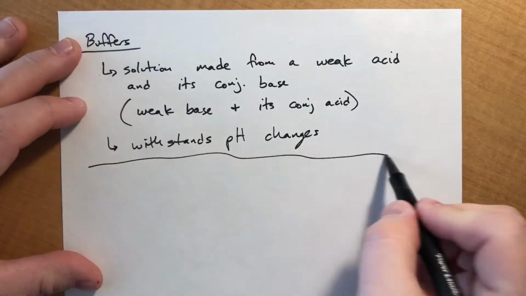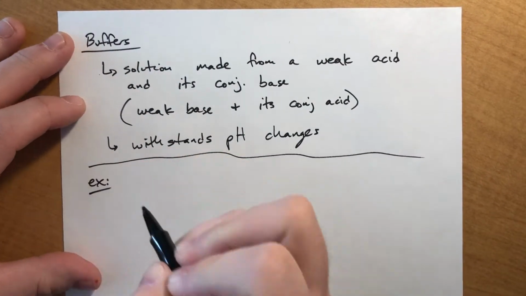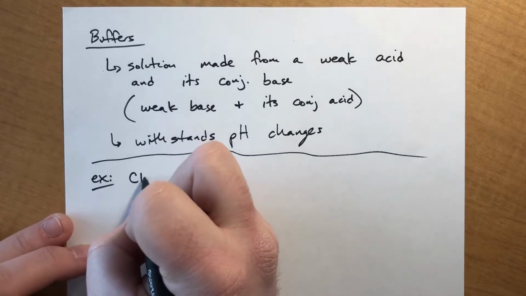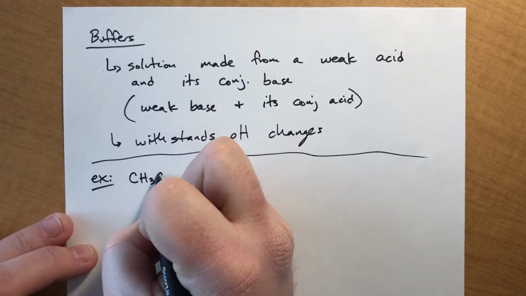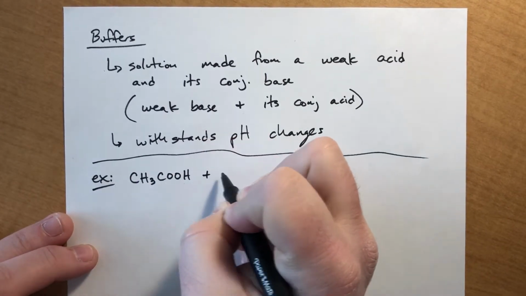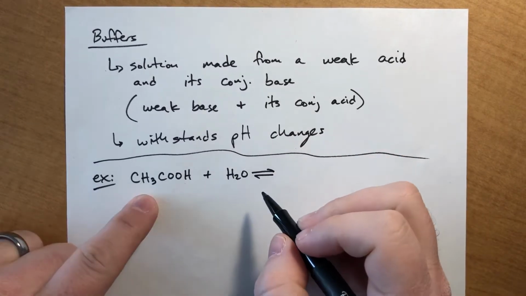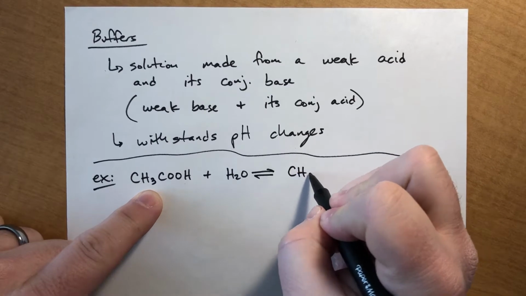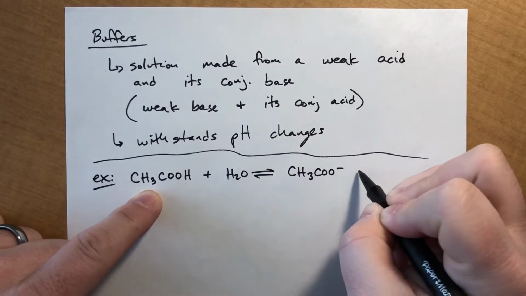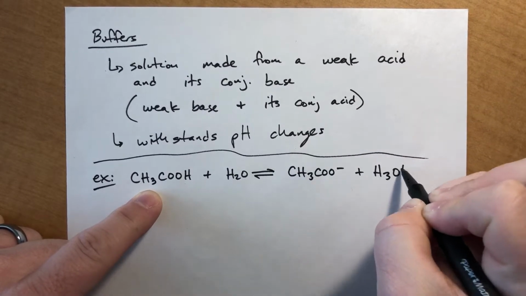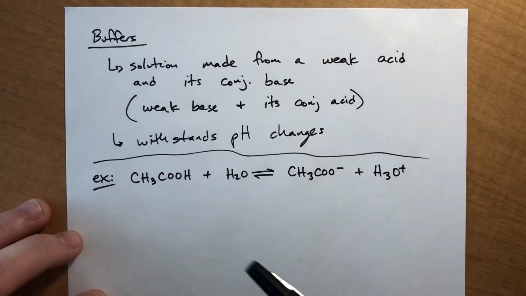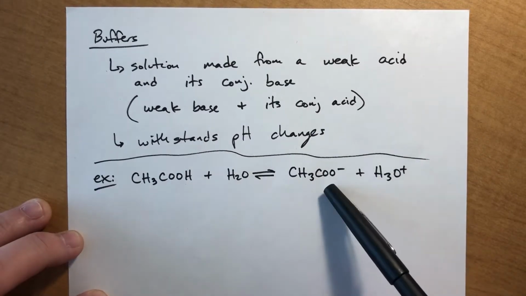So, for example, suppose we had this equilibrium, CH3COOH. We've kind of beaten this one to death, but we've seen it 100 times. This is a weak acid, and its conjugate base is acetate. We've seen problems where we started with just this, and problems where we started with just this.